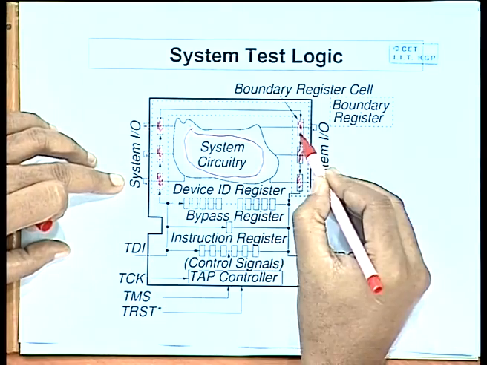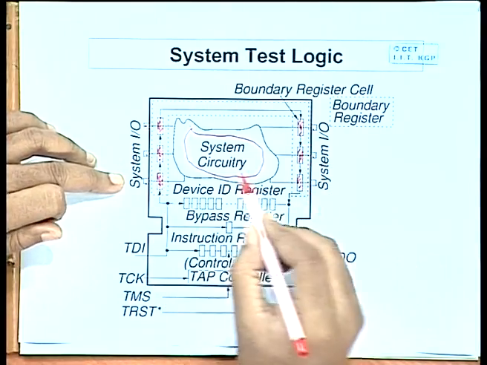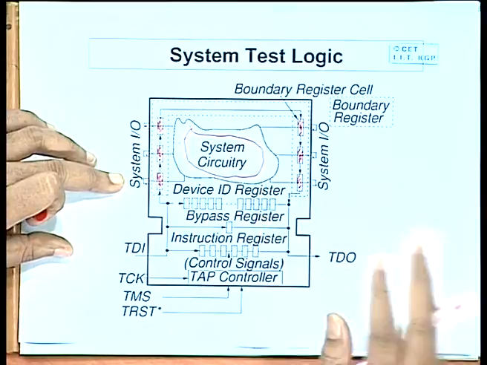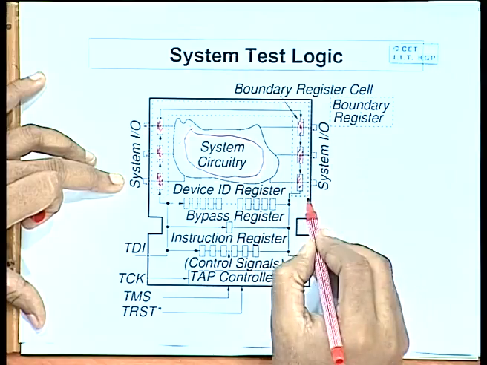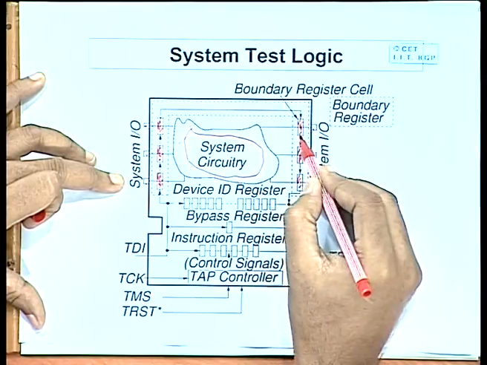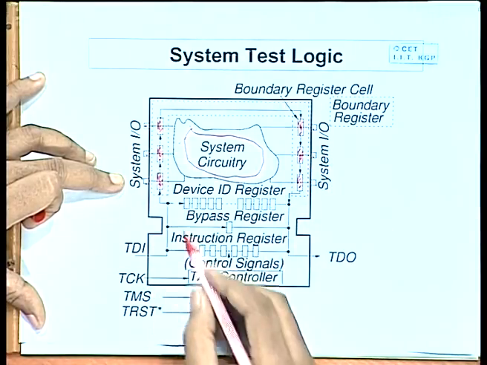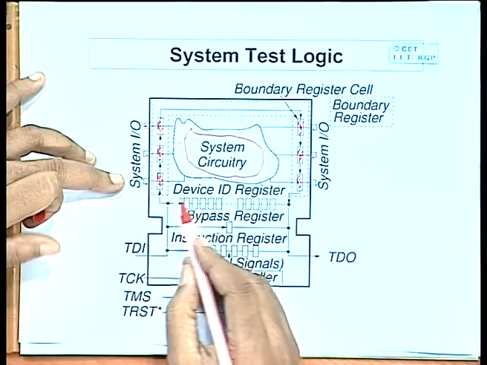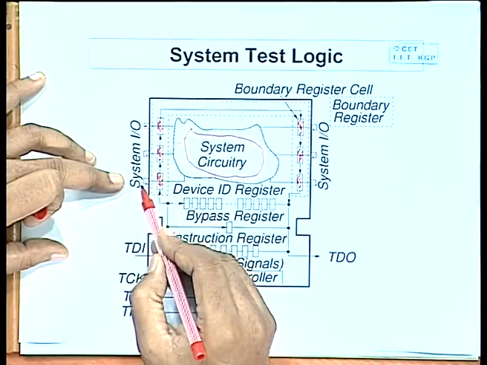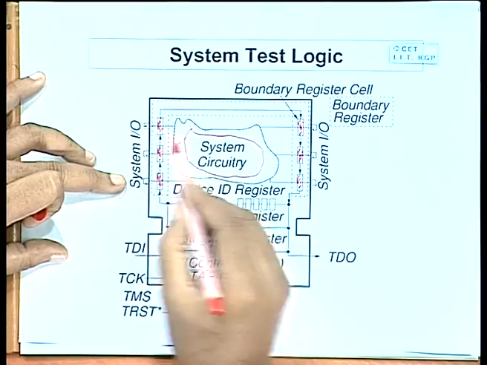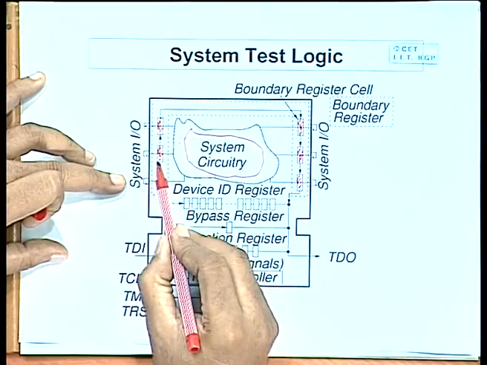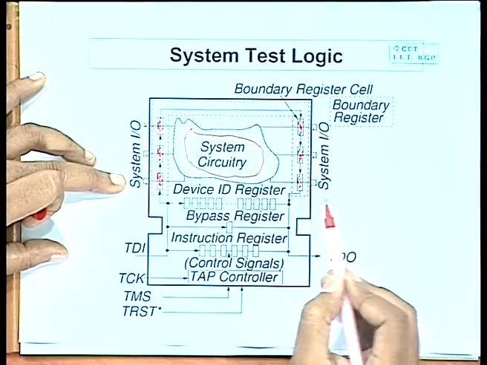This is the boundary of the chip. Okay. Well, whatever you do inside the circuitry is separate, but in addition in the boundary of the chip you provide a scan path. This is why this method is called boundary scan. There are flip flops just with each IO pin, they are chained into a shift register. Okay.